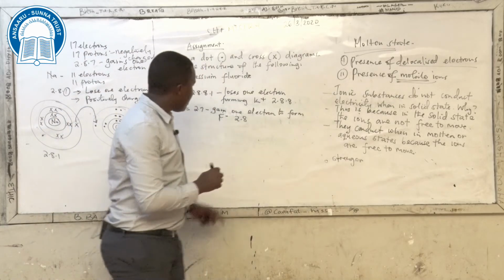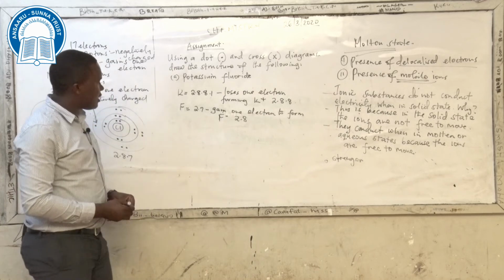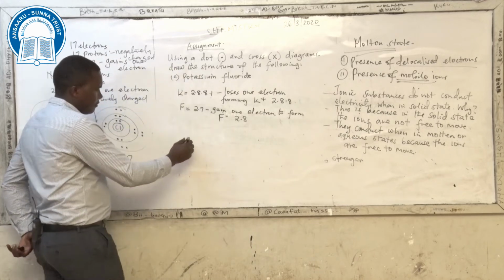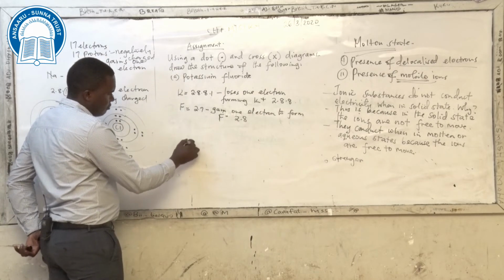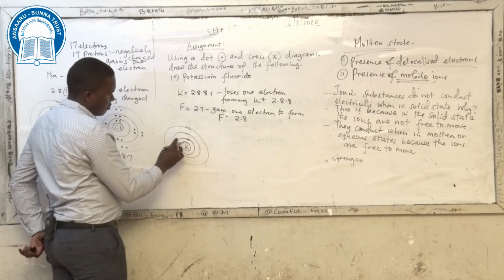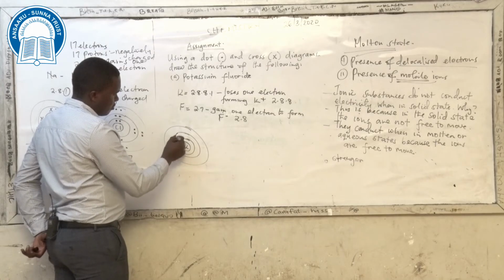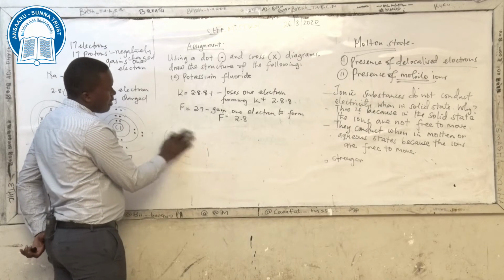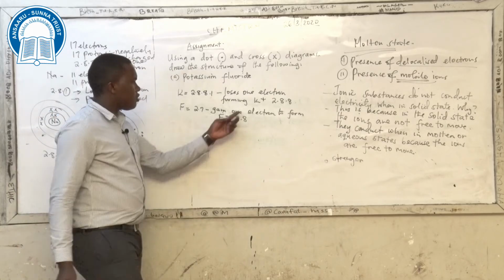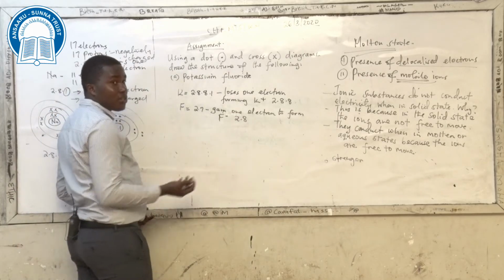If you want to write the structure of this potassium fluoride, you start with the potassium atom. In case of an exam, you don't need to draw the atom, but you just draw the ions to give you the overall structure.